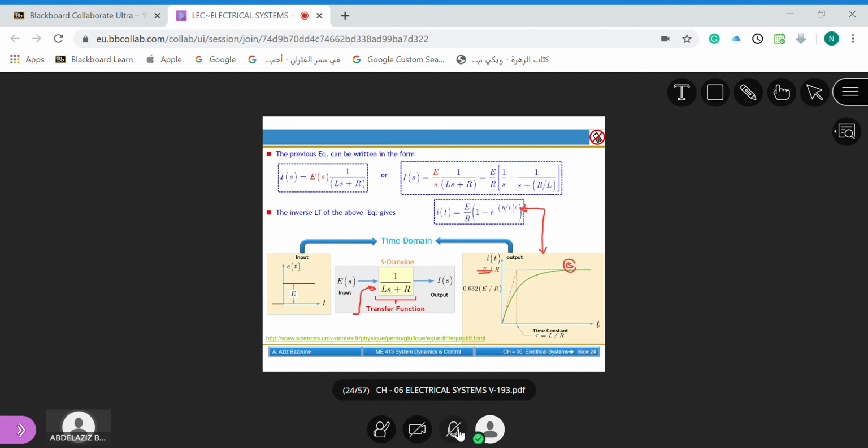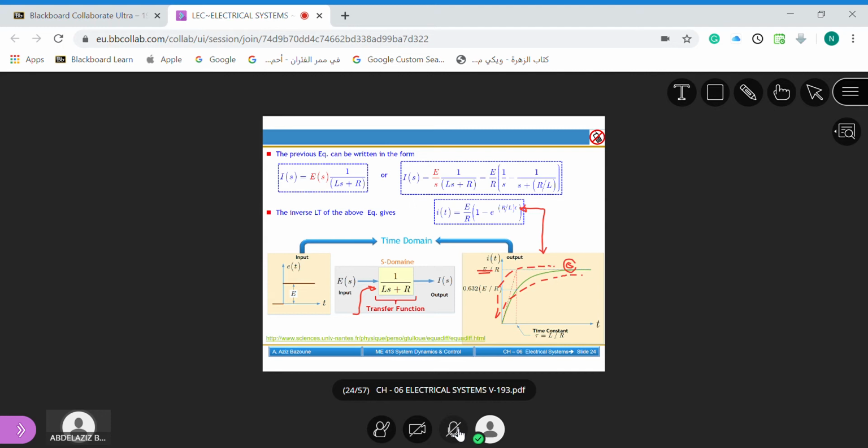Since E is constant and R is constant, I will be a constant value, E over R. The response could behave like this, or it could behave like this, depending on the time constant.